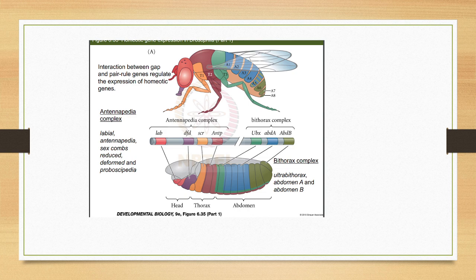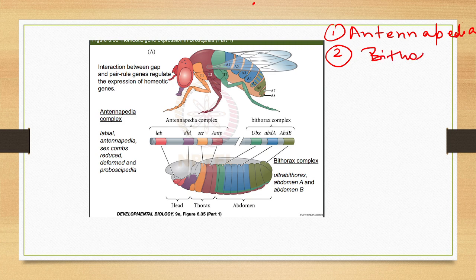If you talk about homeotic genes, there are generally two major complexes that come under them. What are those complexes? The first is the antennapedia complex, and the second one is the bithorax complex. You can see here the antennapedia complex and the bithorax complex.